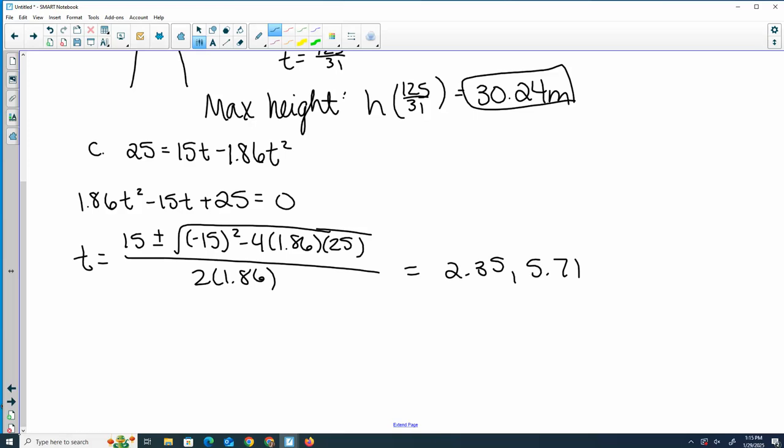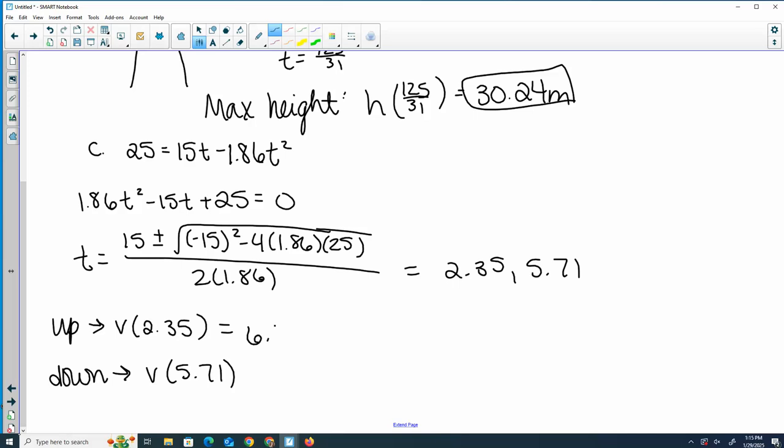Same thing. So I wanted the velocity going up and down. So you had to recognize that going up was the smaller, the first, right? It's gonna go up before it comes down. Then coming down would be the second time. So you're putting those into your derivative, the velocity formula. And that's where I got the 6.258.